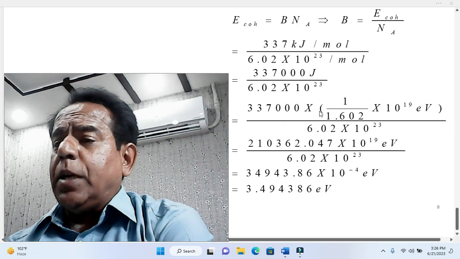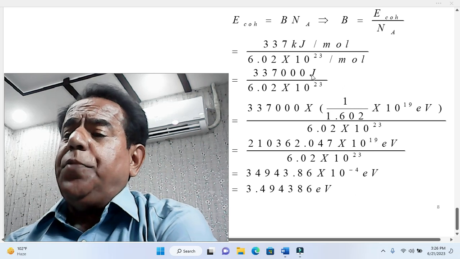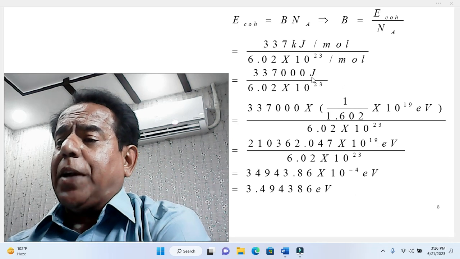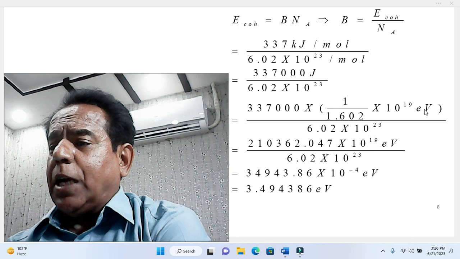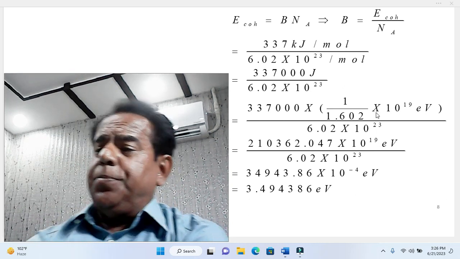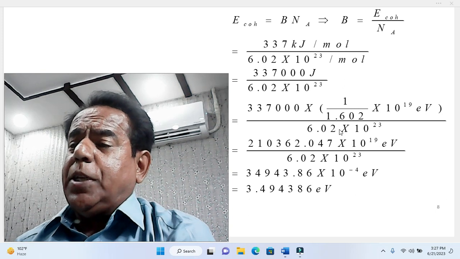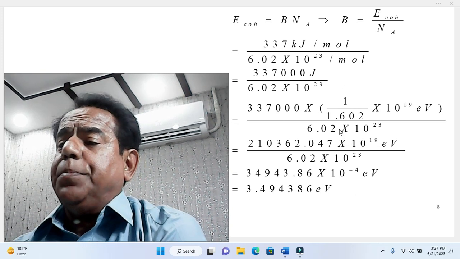Okay, next again the same procedure. Here in place of joule we have used its conversion factor in terms of electron volt. Okay, so we have adopted the same procedure as we adopted in the case of sodium, natrium.